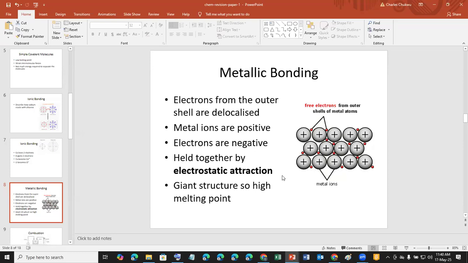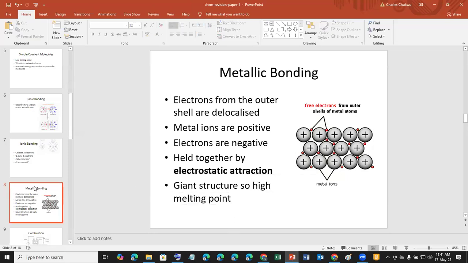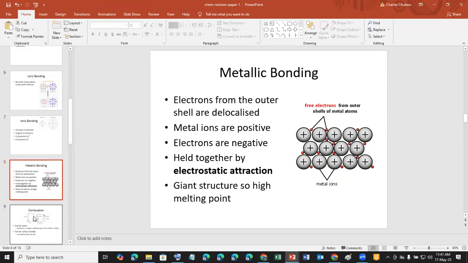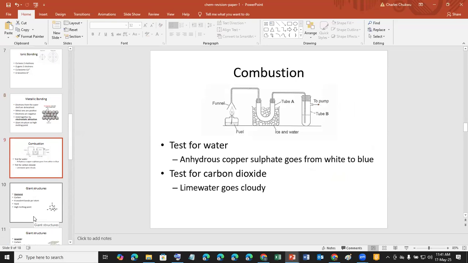Funnily enough, this is what makes metals have a strong bond and a strong crystal lattice. So that giant structure will cause metals to have a high melting point, as a result. But they will be able to conduct electricity and heat energy. That's quite important.